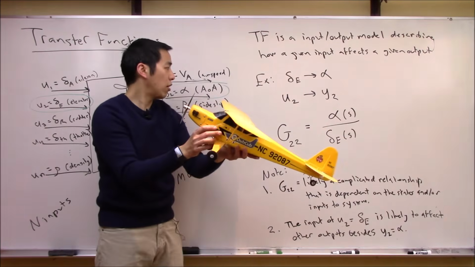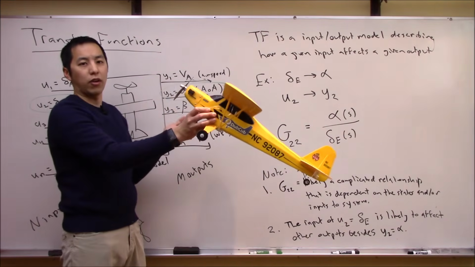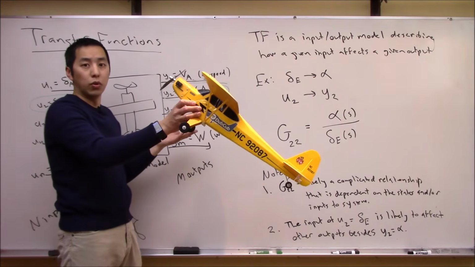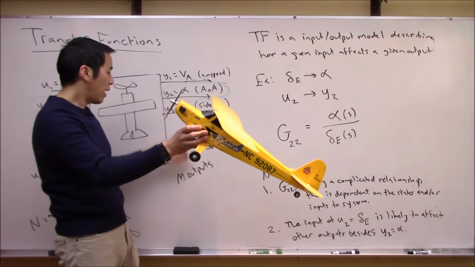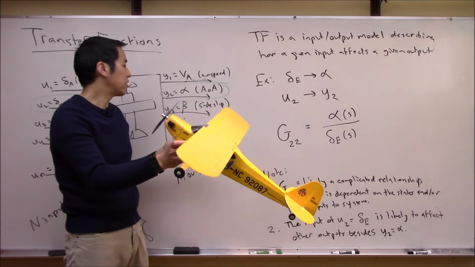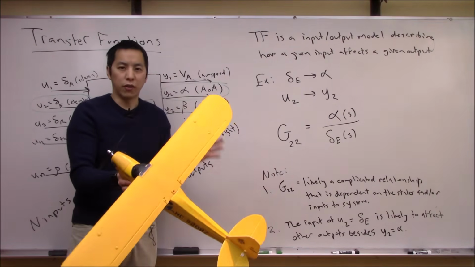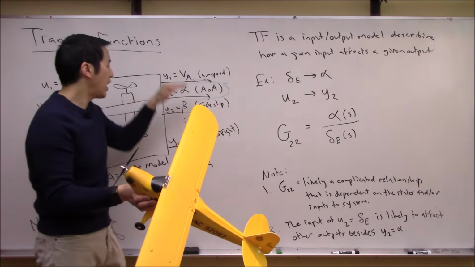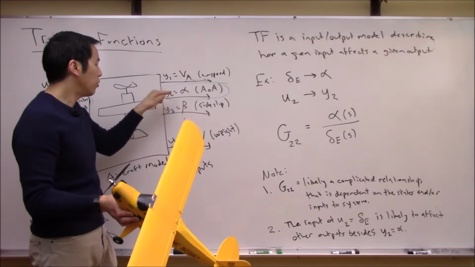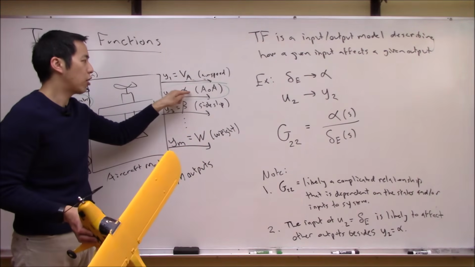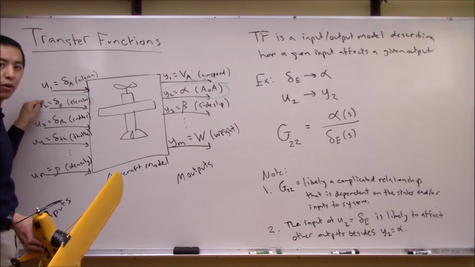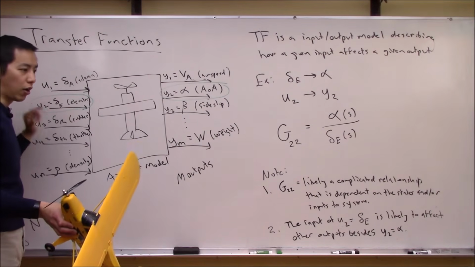But you'll probably also affect the airspeed, right? The aircraft might temporarily slow down as you pitch up, and you may affect some of these other states simultaneously. That is something for another discussion. In terms of our transfer function, we are going to ignore all these other outputs and only zero in on the output we care about and how it is affected by the input that we're examining right now.